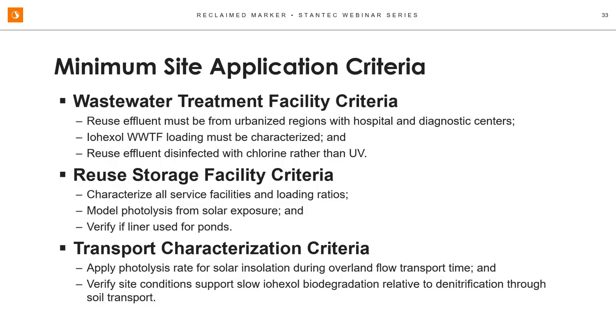And we probably had oxygen in those columns because we weren't running this under really sealed conditions to try to prevent any oxygen from coming in. But we really didn't do enough characterization work. If you were trying to build a global model to understand how this works, we really didn't do enough characterization work to understand the iohexol degradation, or dissipation is a better word, relative to the nitrate dissipation.